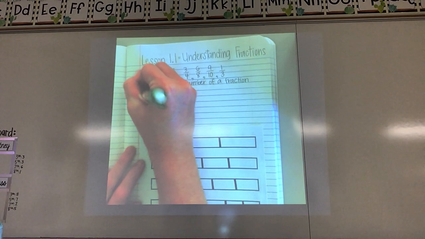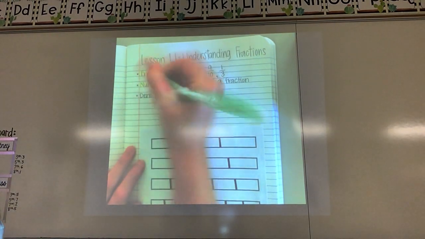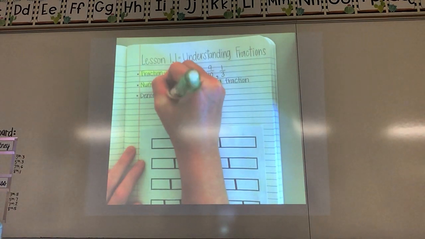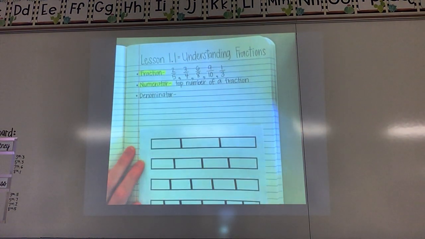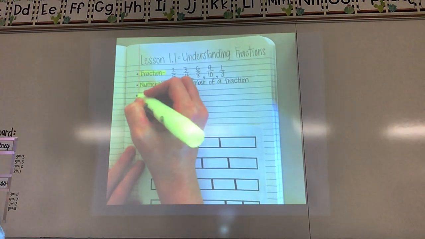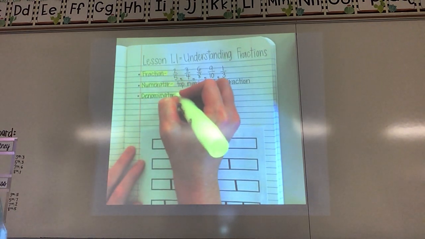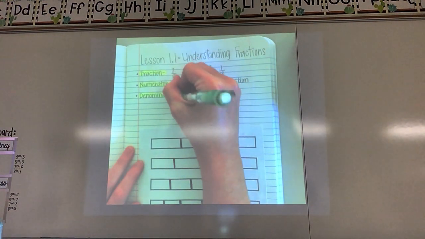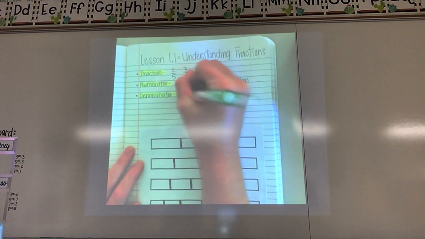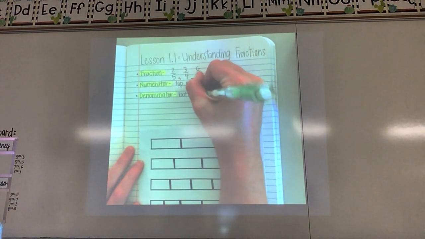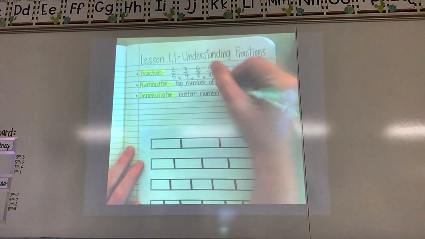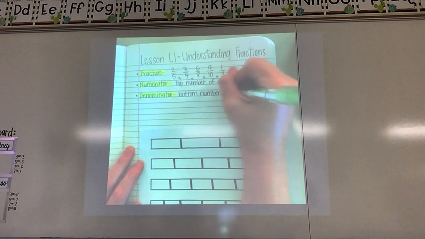Kind of going along with numerator, there is another word that we need to know, and it is called denominator. If you remember way back to fourth grade again when we learned fractions, the denominator is the bottom number of the fraction.